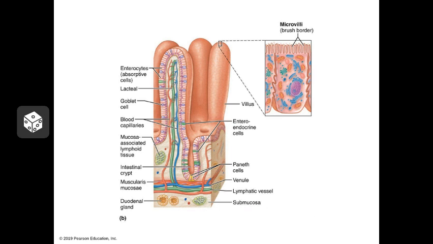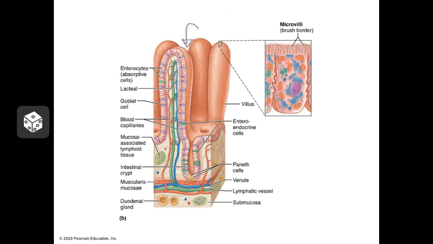And what this allows for is the chyme that is in the lumen is going to be mixed up by the segmentation, and that means it's going to get splashed up against the microvilli to be exposed to more enzymes there.